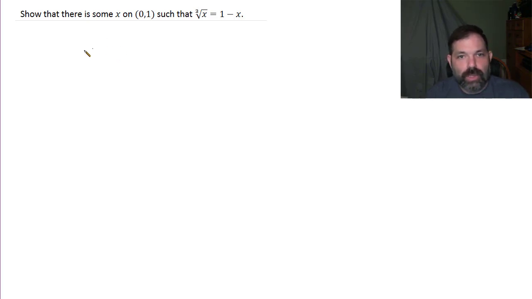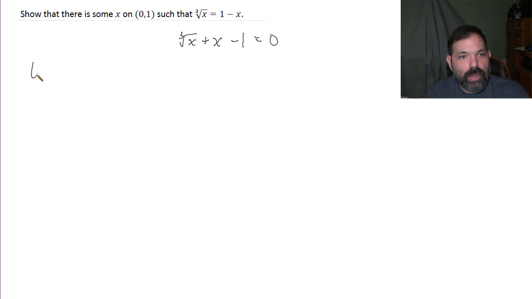So I'm going to change this up a little bit. I'm not going to start here, but what I'm going to say is that this is equivalent to saying that the cube root of x plus x minus 1 is equal to 0. So here's what I'm going to show.